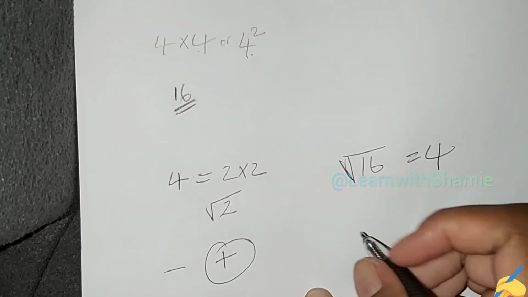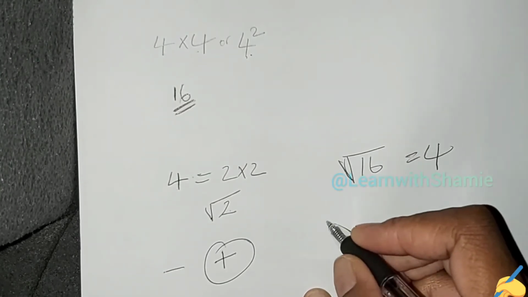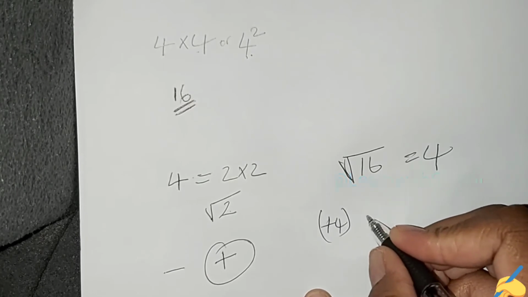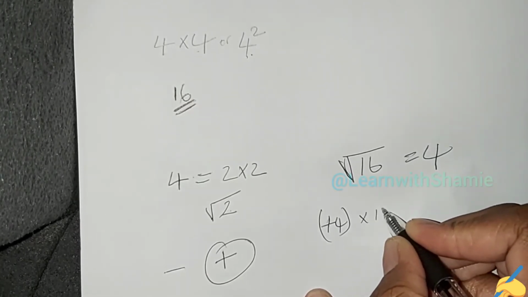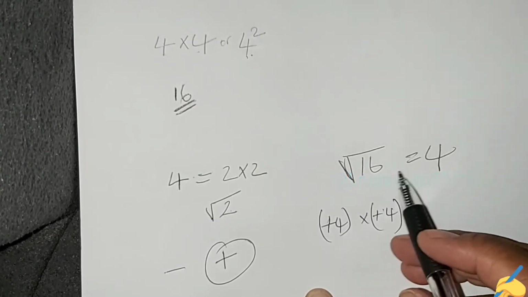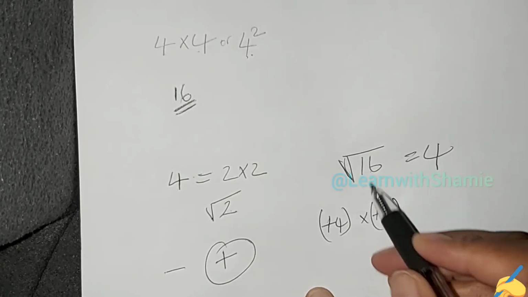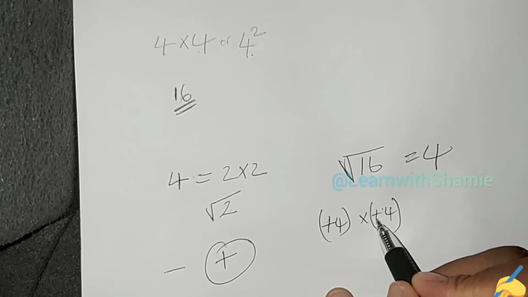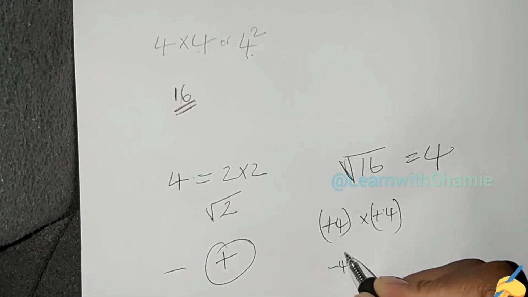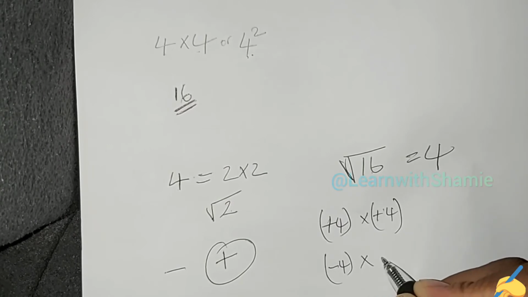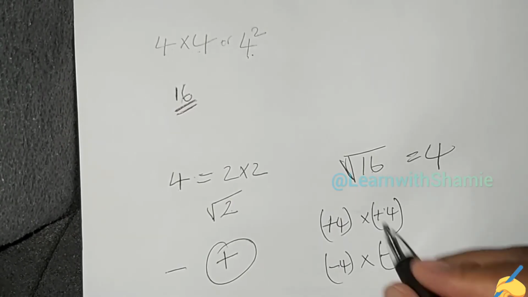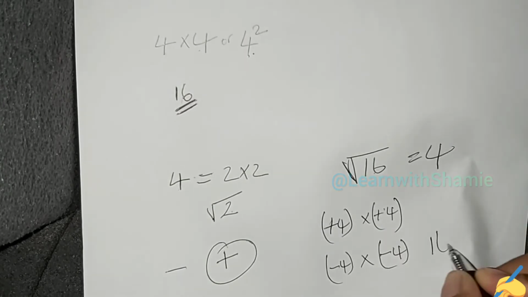I'm going to show you exactly what I mean. So if you say positive 4 times positive 4, you would get 16. So the square root can be positive, or you could say negative 4 times negative 4, you'll still get the same 16.